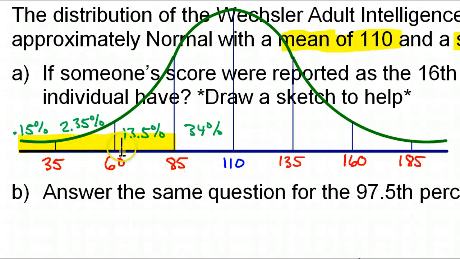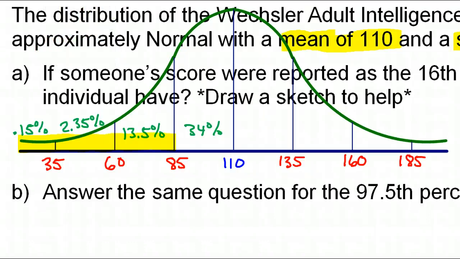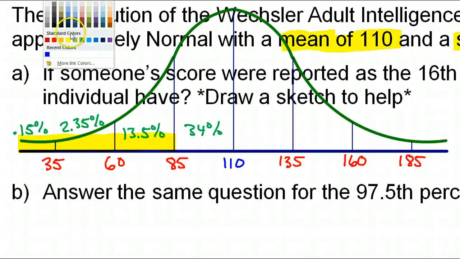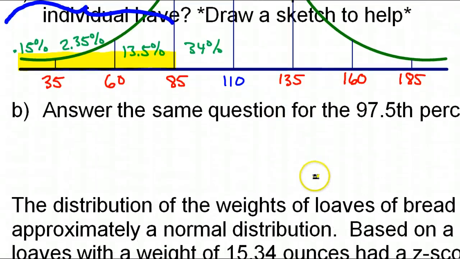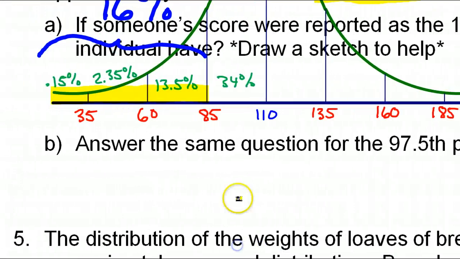So to have 16%, I need my first 3 zones. There's your 16%. So as far as what value is the 16th percentile, it's this cutoff right here, 85. 85 is the 16th percentile.